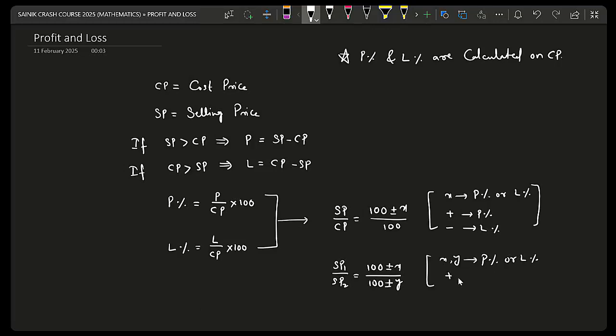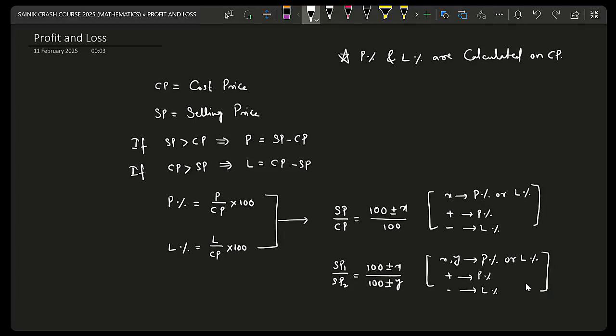If plus is there, we use profit percent, and if minus is there, we use loss percent. So this is about the double selling price formula. These are the formulas you must remember, and based on these, almost all the problems on profit and loss can be solved.